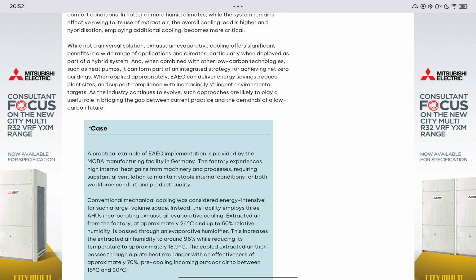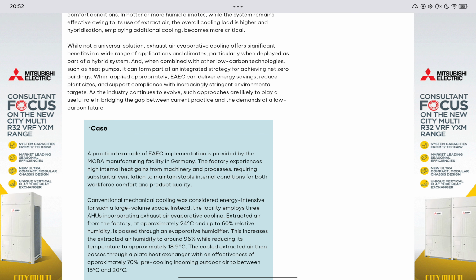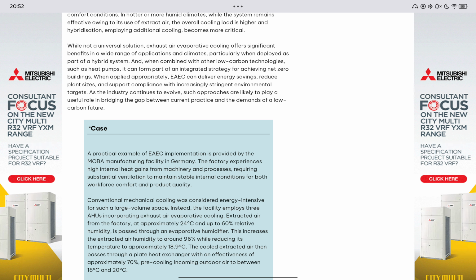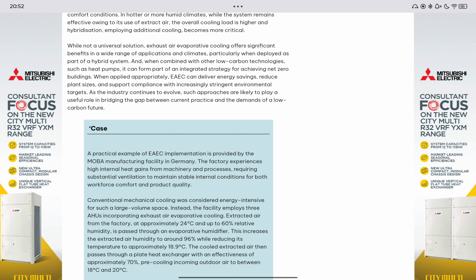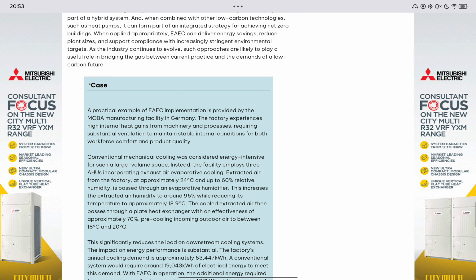When applied appropriately, EAEC can deliver energy savings, reduce plant sizes, and support compliance with ever-increasingly stringent environmental targets. As the industry continues to evolve, such approaches are likely to play a useful role in bridging the gap between current practice and the demands of a low-carbon future.